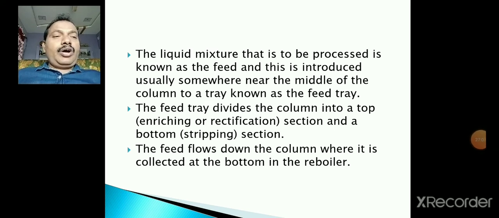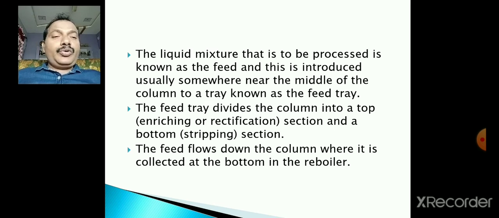The top section is the enriching or rectification section. The bottom section is the stripping section. The feed flows down the column where it is collected at the bottom in the reboiler.